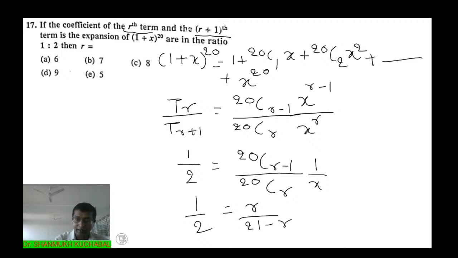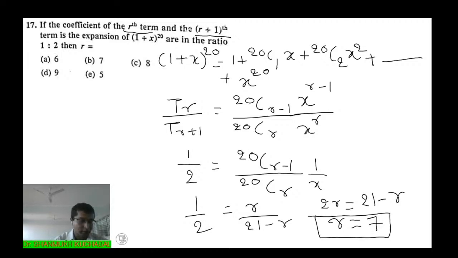Cross multiplying, 2r equals 21 minus r. Transposing r to the left side and simplifying, r equals 7. Therefore option B, r equal to 7, is the right answer.